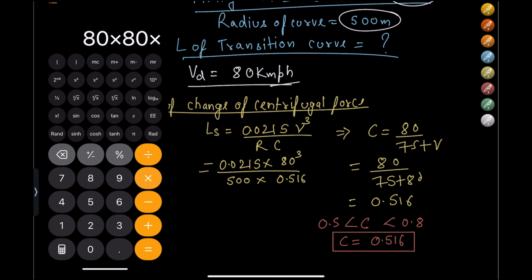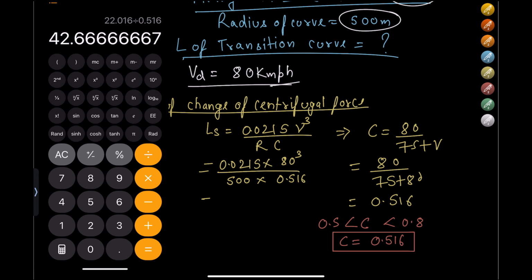Now let's get the value. 80 multiplied by 80 into 0.0215 is 500.56. The value has to be divided by 500: 80 cube into 0.0215 divided by 500 divided by 0.516.